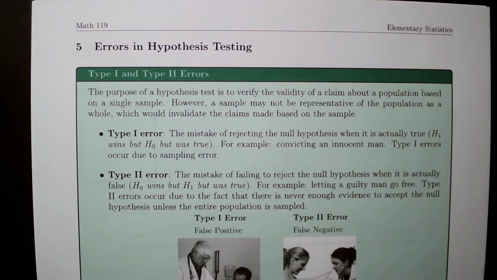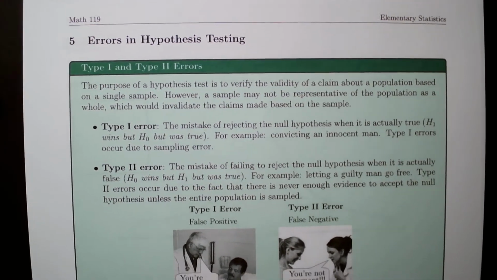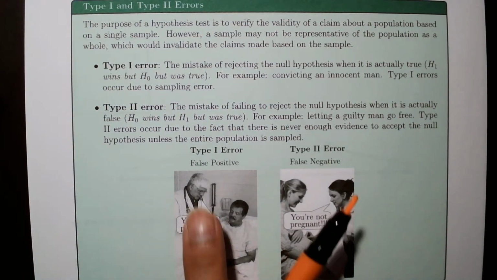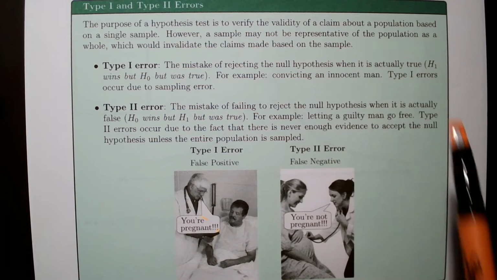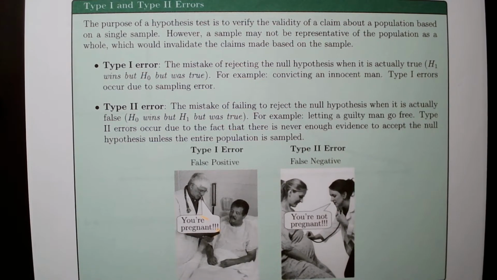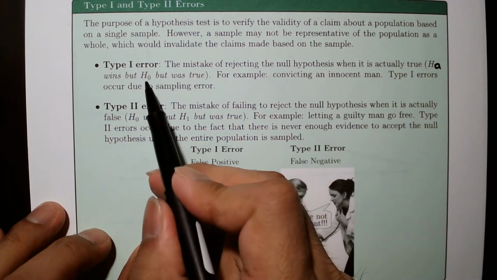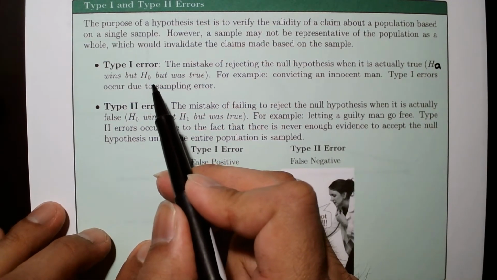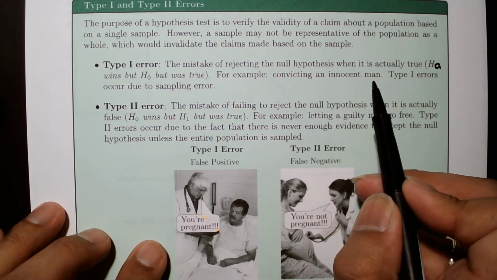So for example, let's look at type 1 error. Type 1 error is the mistake of rejecting the null hypothesis when it's actually true. That is, our HA, H1, our HA wins, but the H0 was true. A real life example is convicting an innocent man.